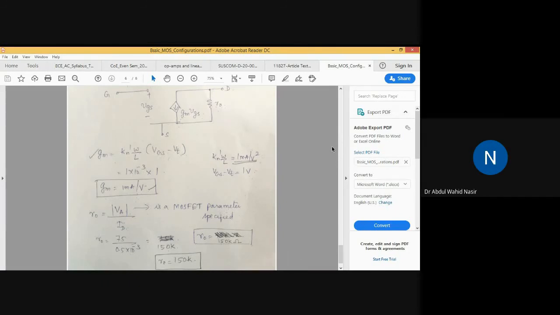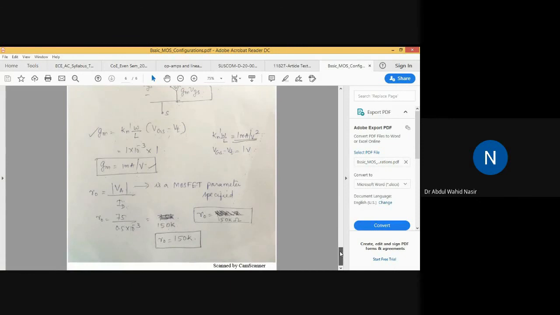So we have VA, that is 75, divided by ID. ID is known, 0.5 into 10 to the power minus 3. So the output resistance is 150 kilo ohm. So ro is 150 kilo ohm.